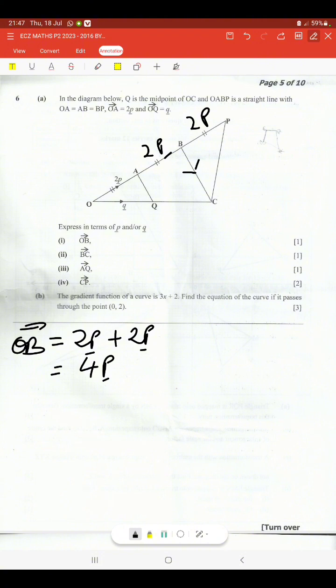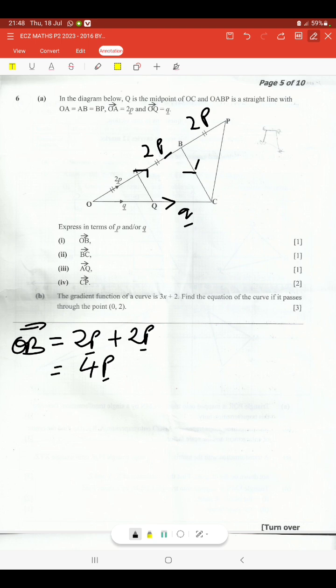We can see that OB is going in that direction, then OC is also going in this direction, and they have said Q is the midpoint of OC. So if there is vector Q there, there is also vector Q at that point, QC. So using a resultant vector, vector OC is equal to the sum of OB plus BC.